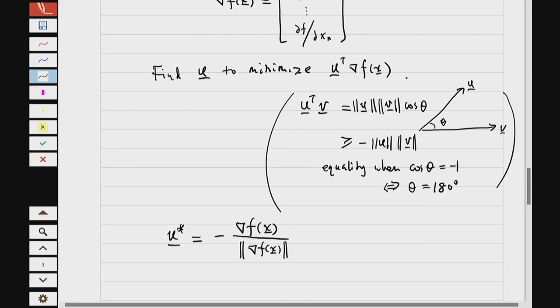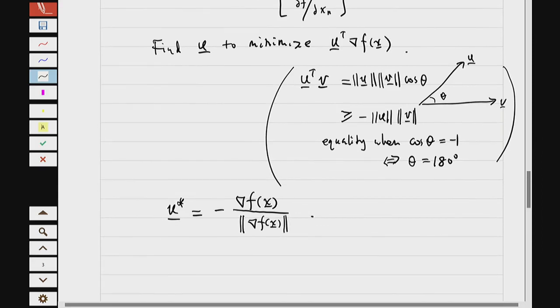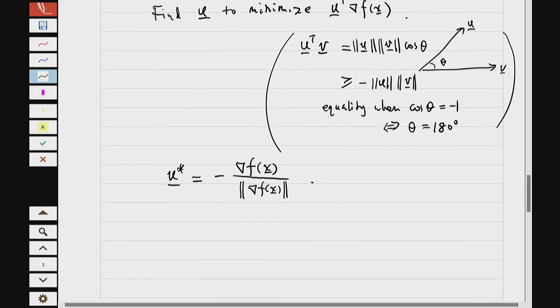So this is the optimal solution for the direction. Exactly opposite the gradient. From this, you immediately know that if the opposite direction of the gradient is the steepest descent, then the gradient direction would be the steepest ascent, the best way to go up if you want to go up.